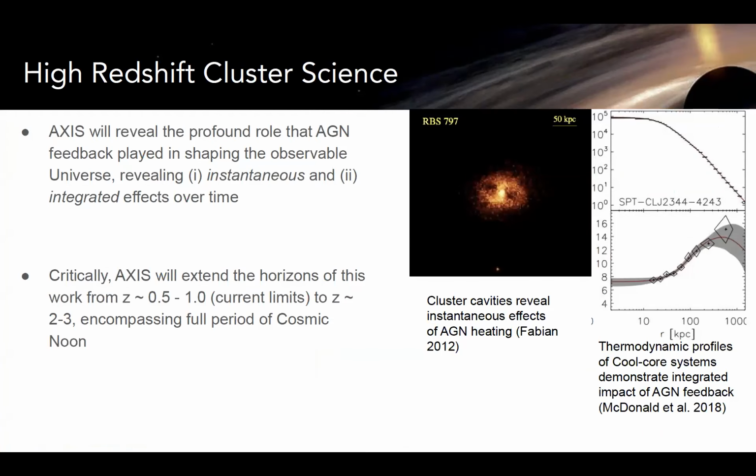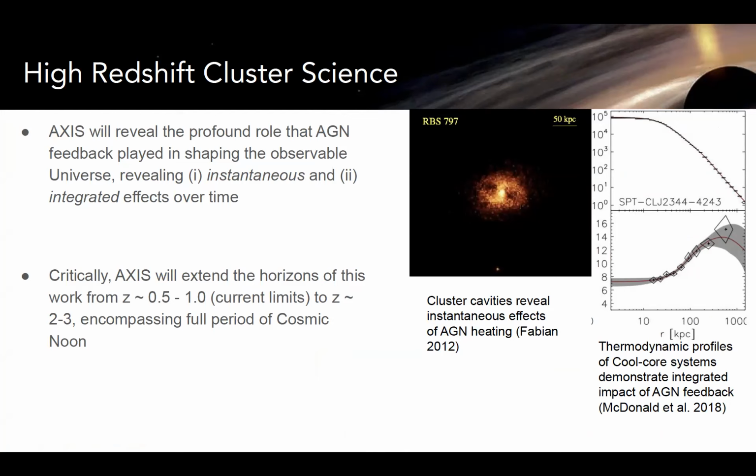But in terms of high redshift cluster science, AXIS will reveal the profound role that AGN feedback plays in shaping the observable universe in multiple ways. First, it will reveal the instantaneous effect that AGN have on the state of clusters. For example, how AGN heating and jets can produce massive cavities in clusters, for which we can probe the dynamical state.